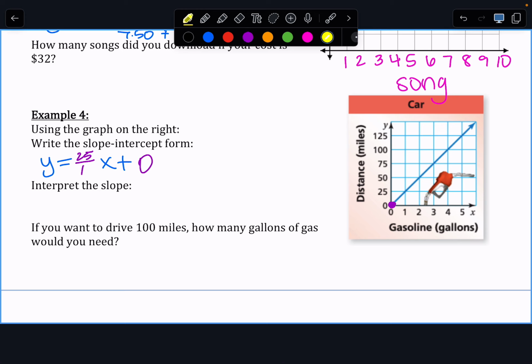We rise 25 and then run 1. Okay, so let's interpret the slope. Our slope is 25. 25 something per something.